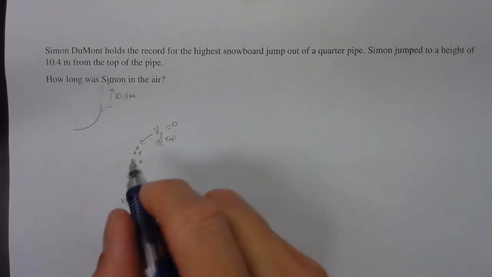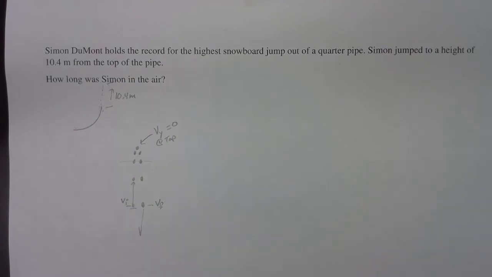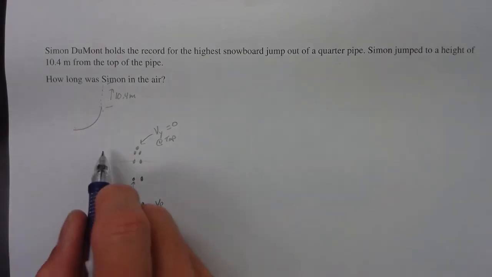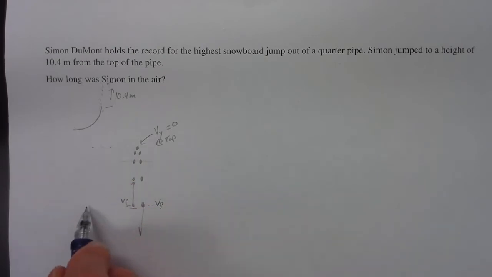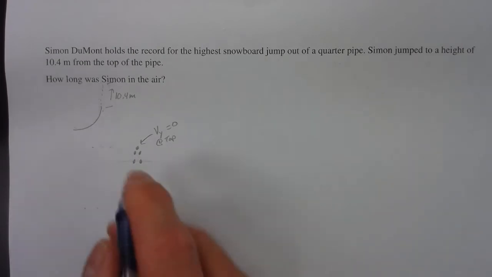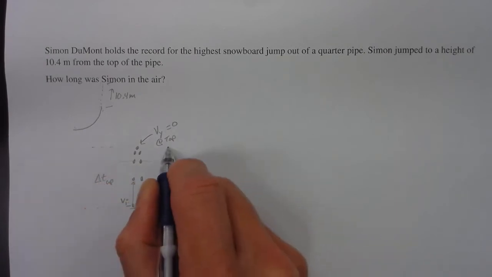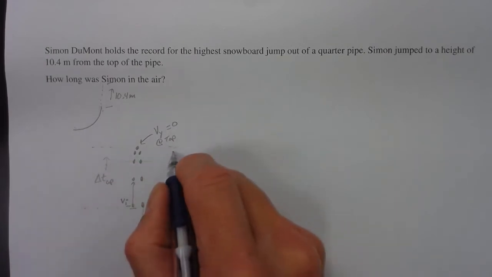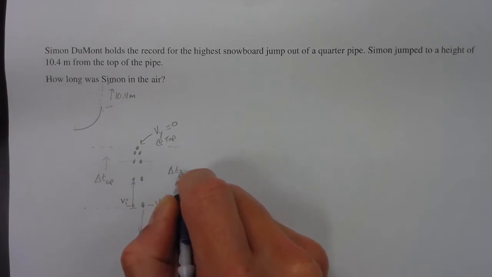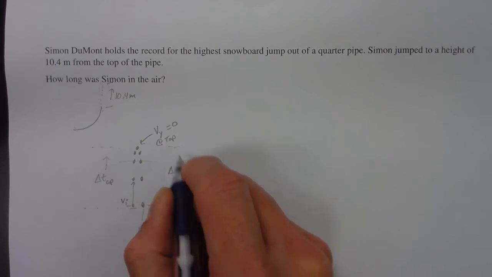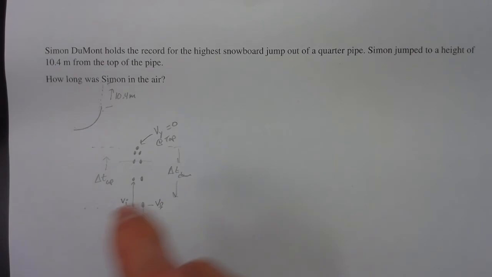We also know that since it's the same level, this change in time going up is the same time interval as going down. And that's of a lot of value here for this problem.